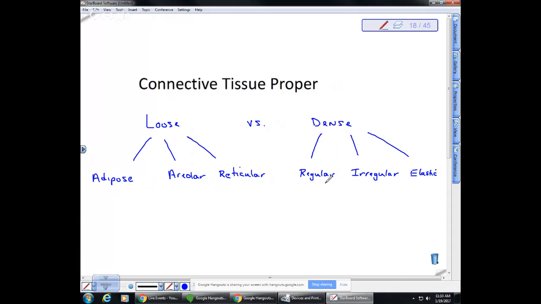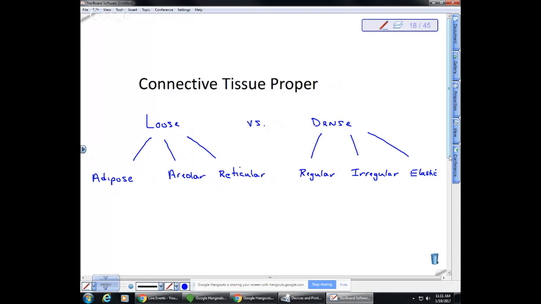Dense regular would be like tendons, irregular is like some muscle fascia and also joint capsules. And then elastic is found a little bit in our blood vessels, major arteries, and also a little bit in the ligaments that support our vertebrae.